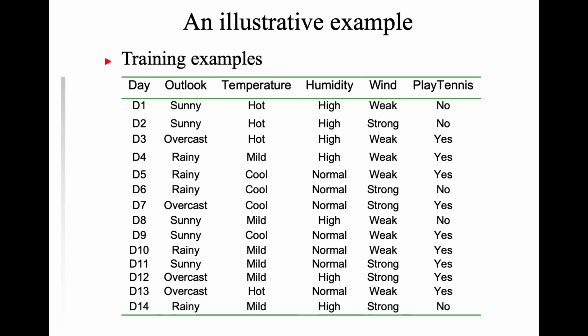And how did we calculate entropy? We said the entropy of a set, let's say set S, is the sum of the probability of an instance belonging to class Ci, multiplied by its log. Now, we said that if all instances belong to the same class label, it is the purest and the entropy is 0.